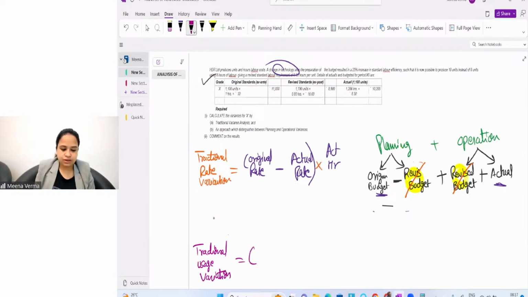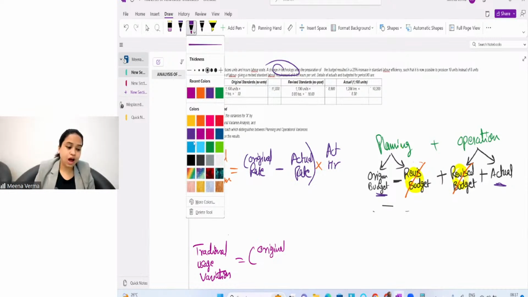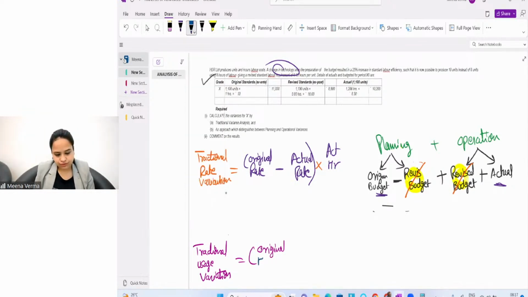Consider the original hours for the production minus actual hours into the standard price, the original standard price. Right? This will be what?